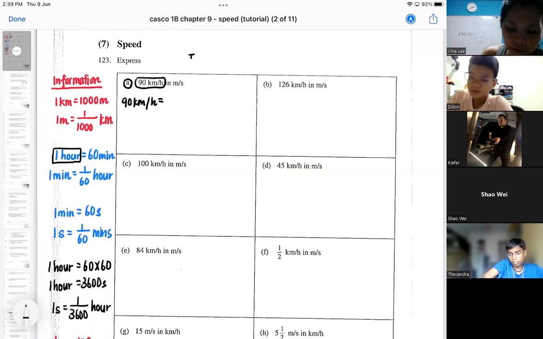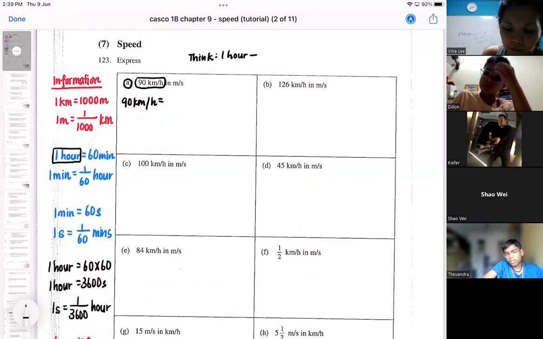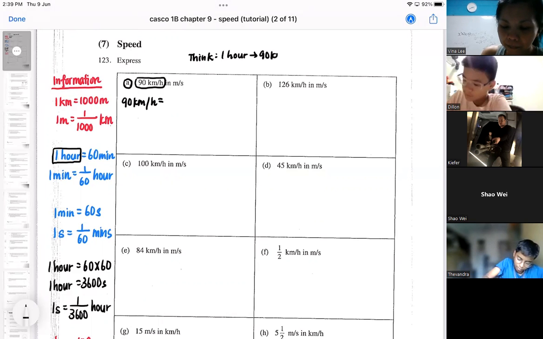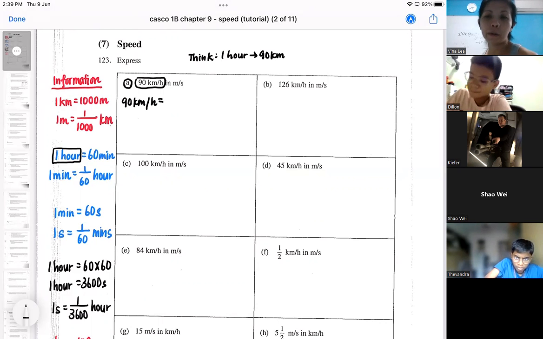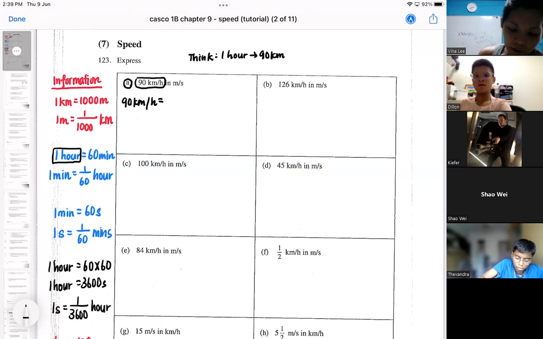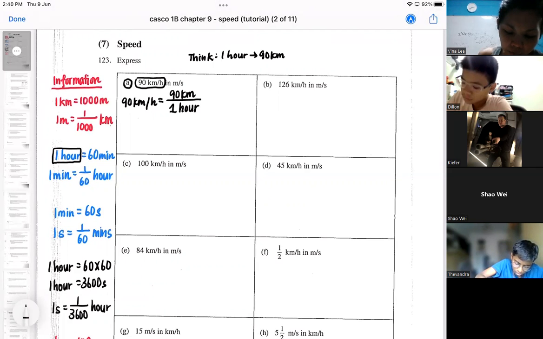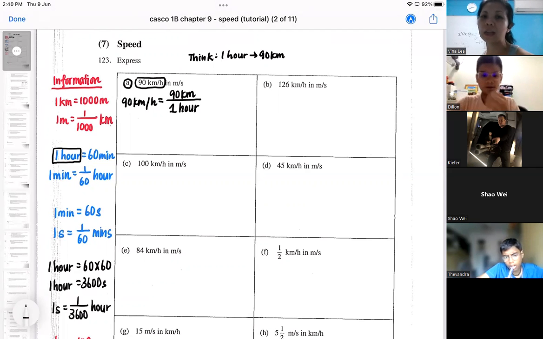In the primary school way, it is 90 kilometers in 1 hour, but we are not going to do it that way. It's actually 90 kilometers divided by 1 hour.